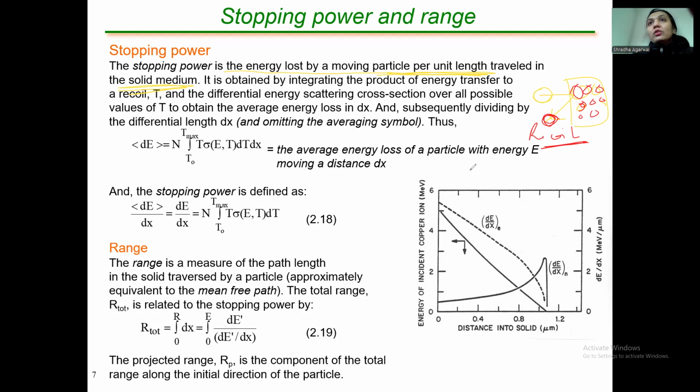Okay, how much energy? So in the beginning, if it has, say, 1 MeV energy, how much energy is transferred here? Because the energy here will be decreased by that amount, right? So how much energy it is able to transfer, and the differential scattering cross section over all possible values of T. Now, this is very important. 1 MeV, when it starts making an interaction, it is a very energetic particle.